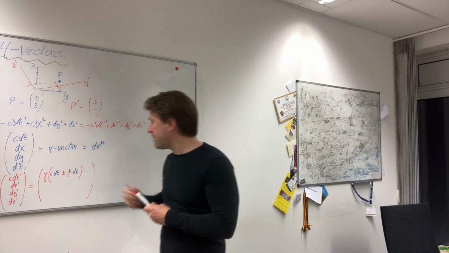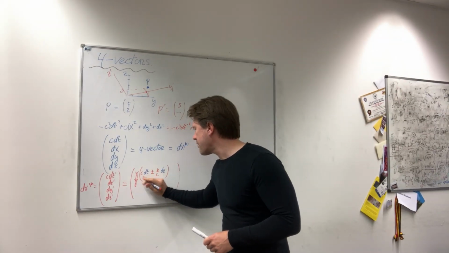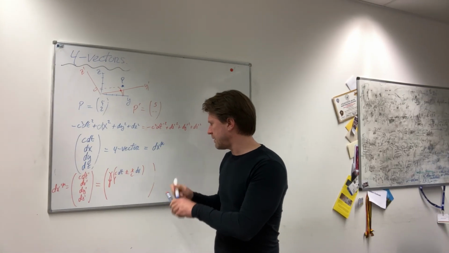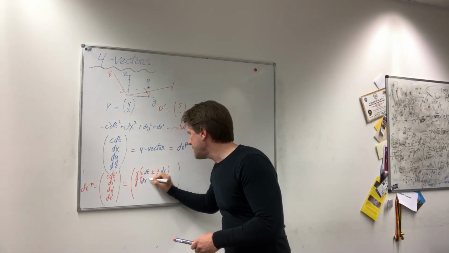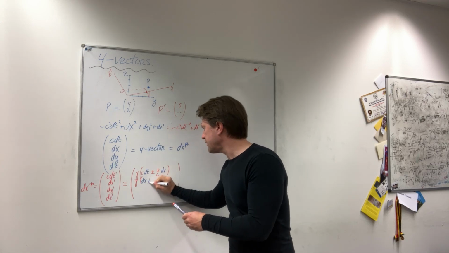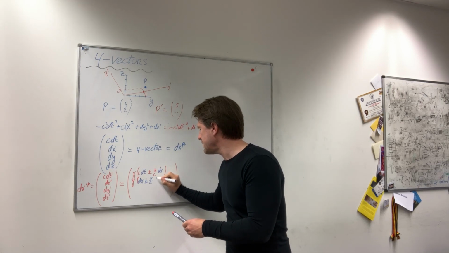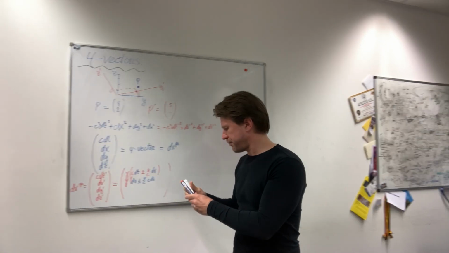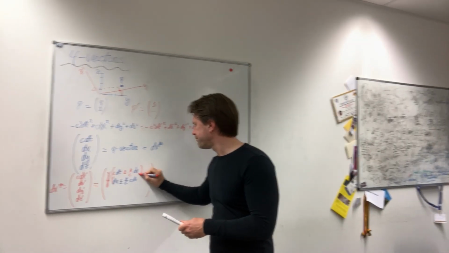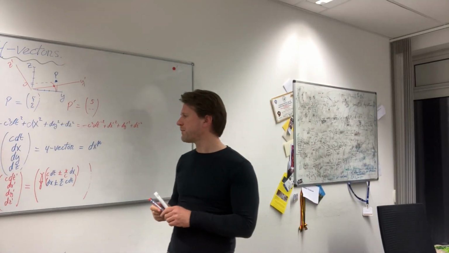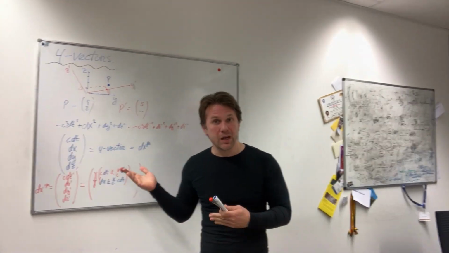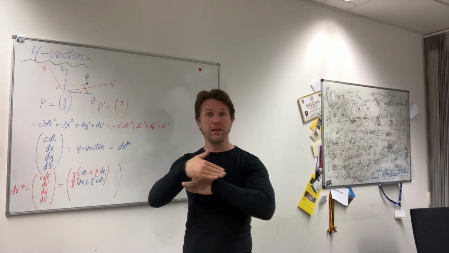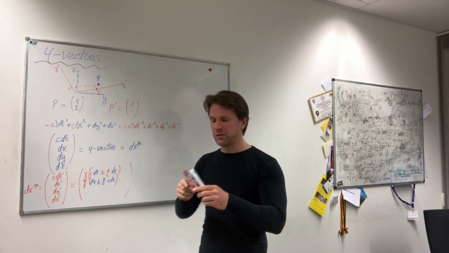And I can do the same thing for the x direction. Then I will get dx plus or minus v over c times c dt. And in my example here, I'm assuming that the 2 inertial systems, the blue and the red, are only moving in x direction with respect to each other.